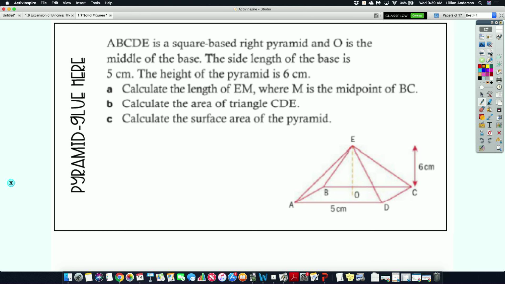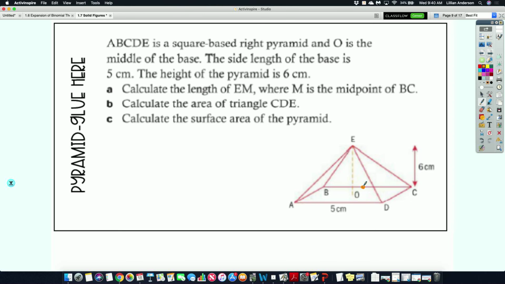Okay? Now the only issue is that when we're trying to find the surface area, which is part C, we would need to know the area of that square base and then the area of each one of those triangles. So, let's calculate the length of EM, where M is the midpoint of BC. BC runs along the back of this pyramid. M is the midpoint, which means if it's the midpoint, it's going to do what to BC?